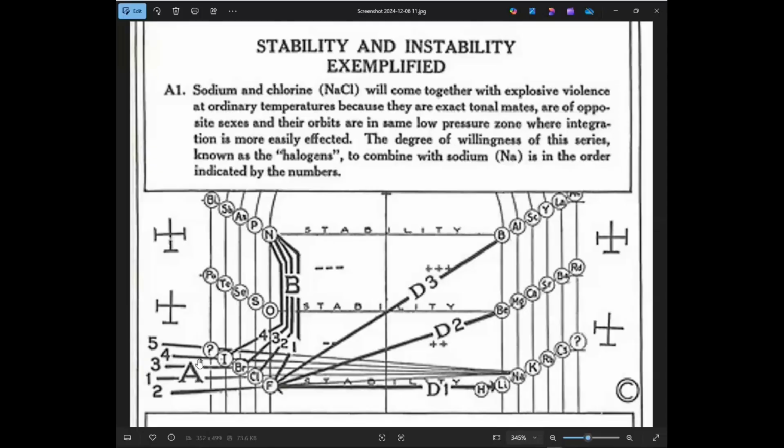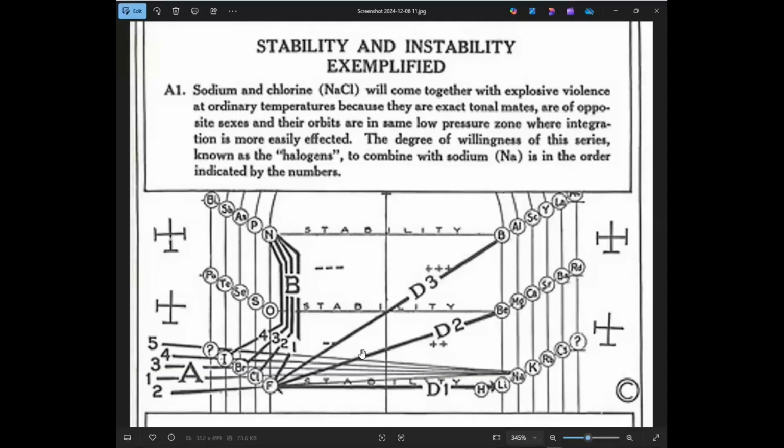Then you've got iodine. You're going up another octave to iodine. It's going to be less willing to match with sodium. And finally, all the way out to the highest octave, that would definitely not want to match with sodium.